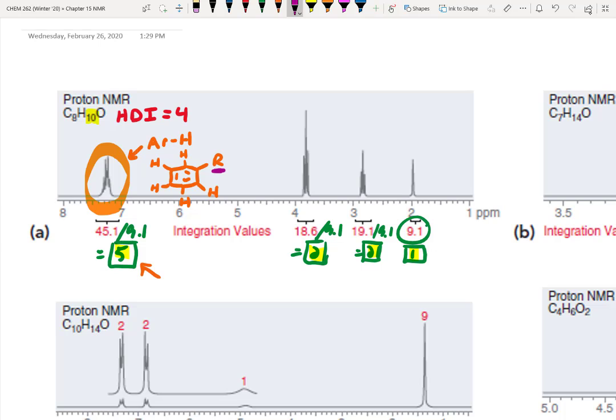All right, other thing I would look at is the HDI of this aromatic ring is what? 4. So another trick we could say is based on this, there are no remaining rings or pi bonds. Does that make sense? Okay, so now we can go through this and start piecing it apart, and we can say, all right, what's really left over?